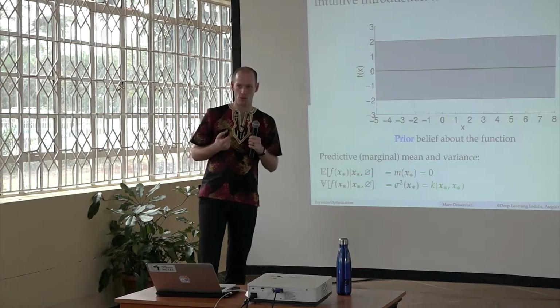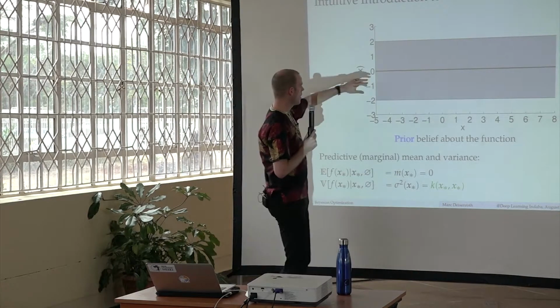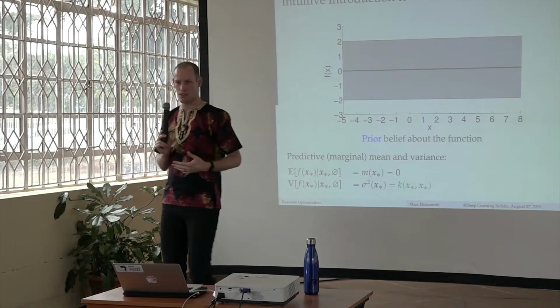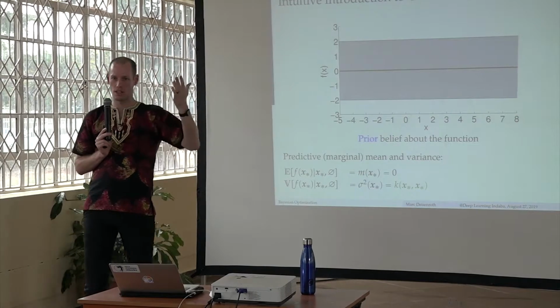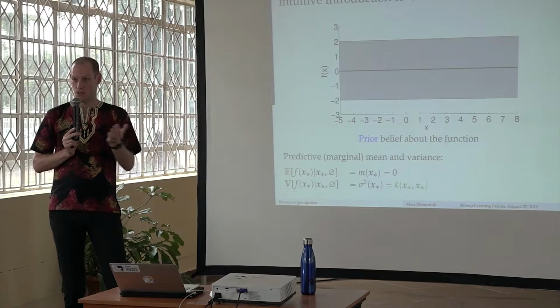We place a prior distribution over functions, and this is a representation of this prior distribution. We have a prior mean function, which is flat 0 because there's no evidence that it should be positive or negative. There's no preference for being positive or negative, so on average, 0.